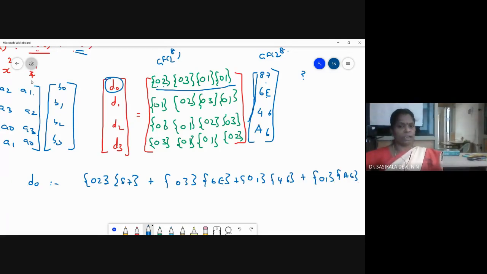That's it. 87 multiplied by 2, we did already. What is the answer for this? We did it at the beginning of the class. What is the answer for 02 into 87?